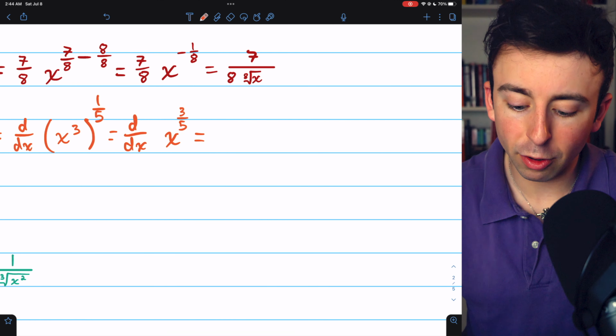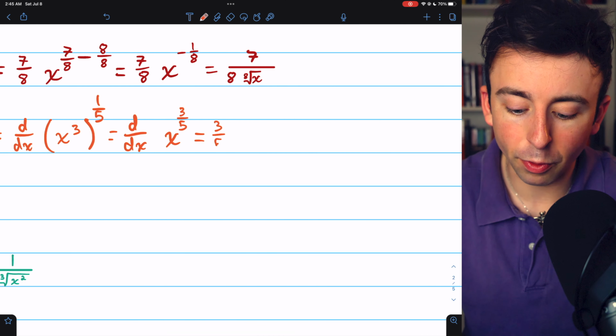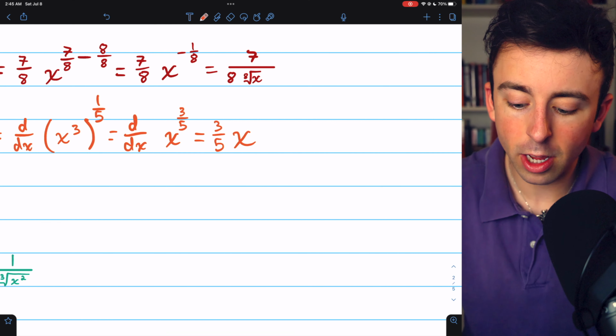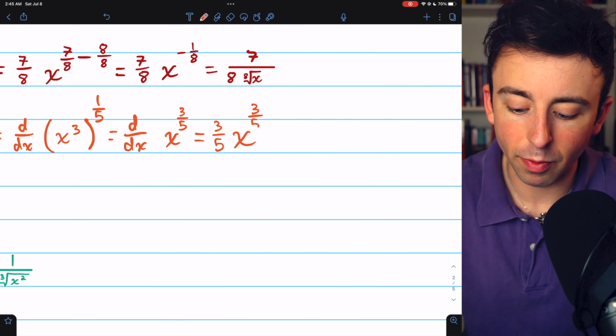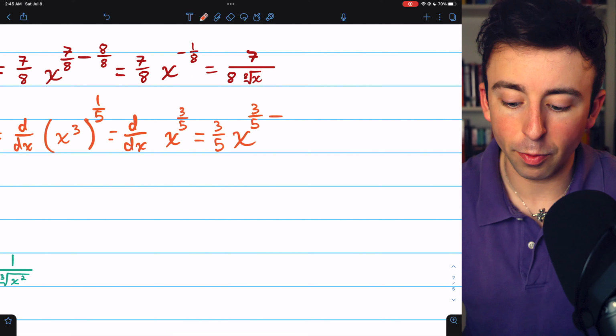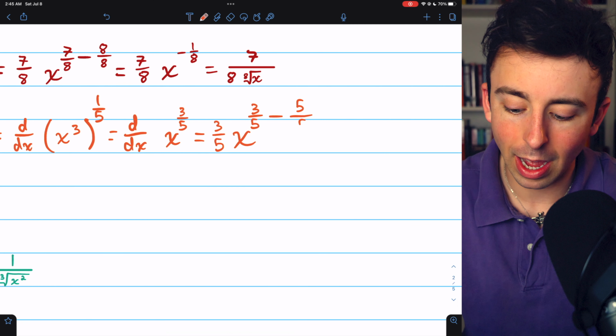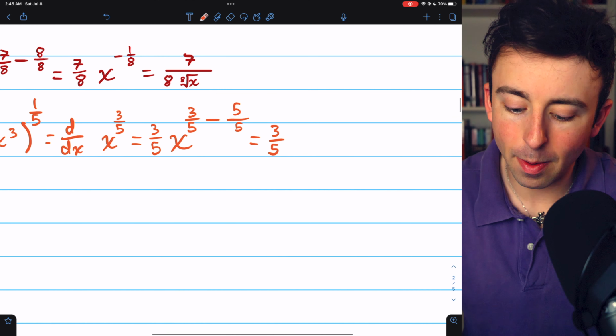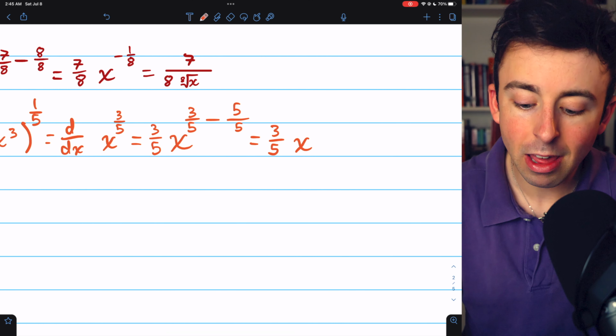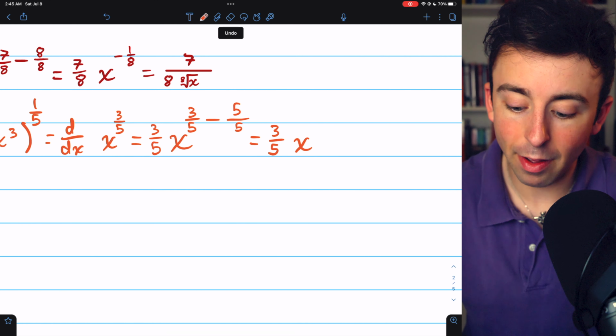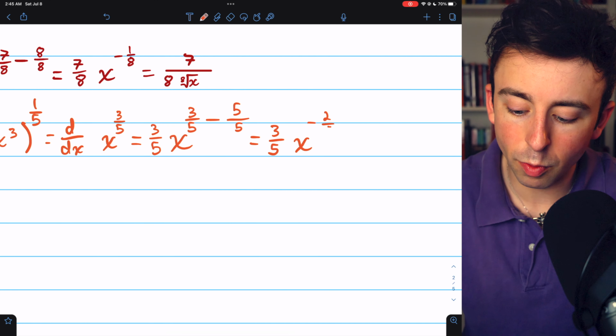rule. Bring the exponent of 3/5 down in front as a factor, and then reduce the exponent of 3/5 by 1. Instead of writing -1 for ease of the operation, I'll write -5 over 5. This is 3 over 5 times x to the power of 3/5 minus 5/5 is negative 2/5.